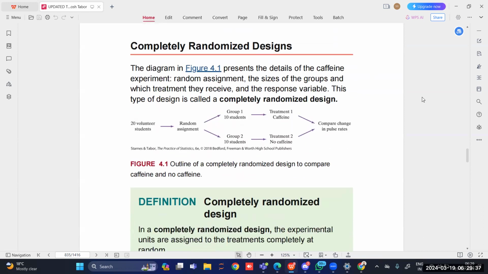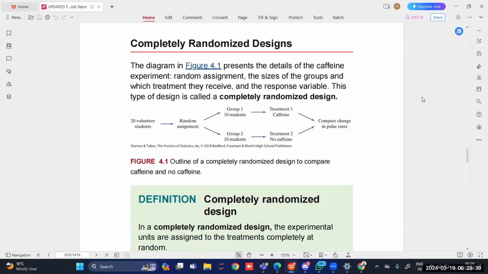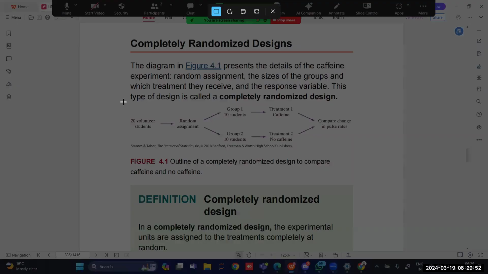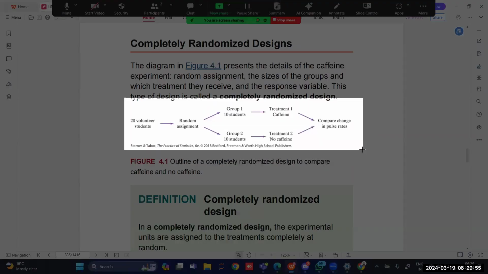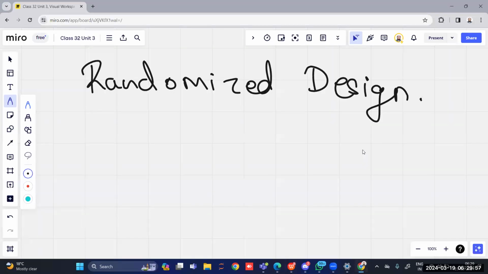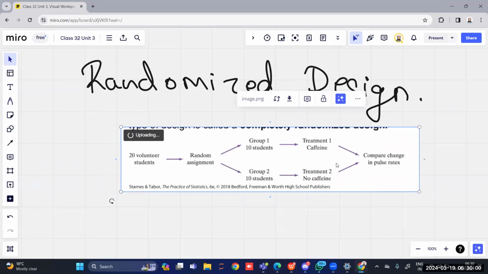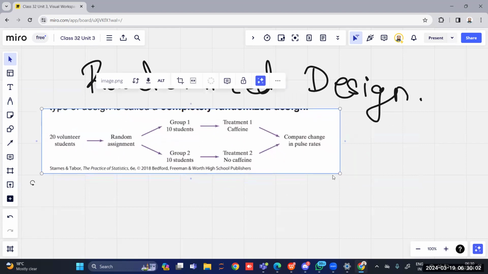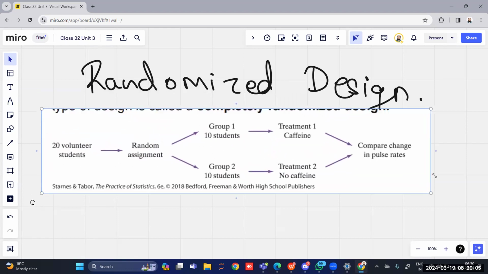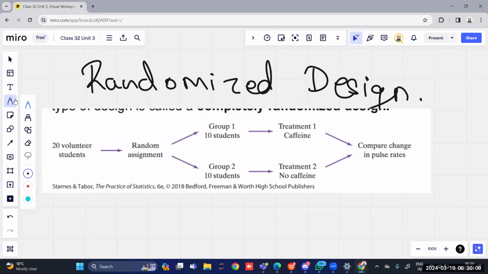The diagram in figure 4.1 represents the details of the caffeine experiment: random assignment, the sizes of the groups, which treatment they receive, and the response variable. So this type of design is called a completely randomized design. So what is it telling us?